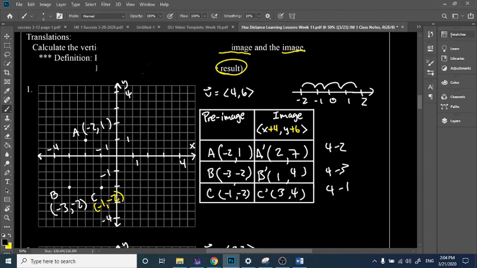Okay, great. So we have 2 comma 7. 2 comma, that's 4. That's like 5, 6, 7. So label that A prime.